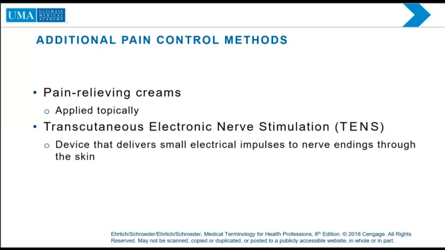Additional pain control methods: pain relieving creams. These are applied topically. Transcutaneous electronic nerve stimulation, TENS, is a device that delivers a small electrical pulse to nerve endings throughout the skin.